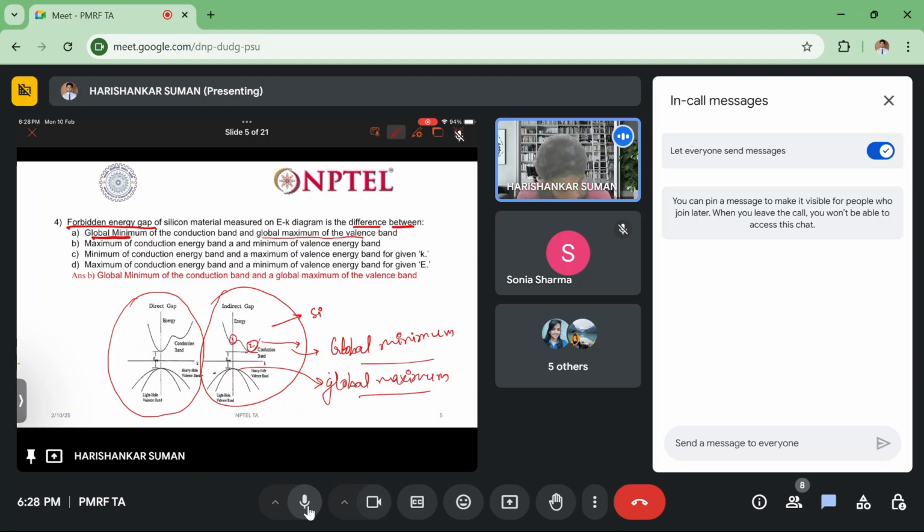So this gap is known as the forbidden energy gap of the semiconductor material. Okay, clear.